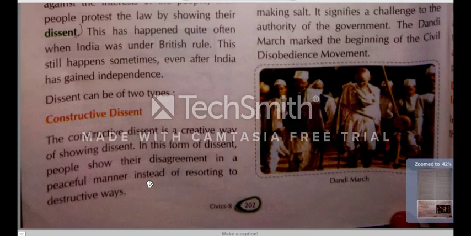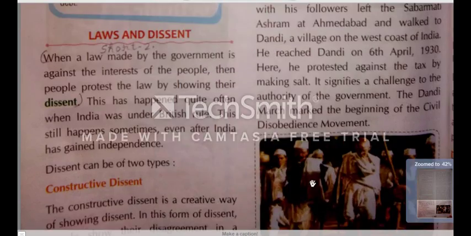Peaceful means shantipurn, peace, shanti, instead of resorting to destructive ways. Resorting means taking help, taking help of destructive ways. इसको इस्तेमाल करने के बजाय peaceful manners का इस्तेमाल करते हैं.